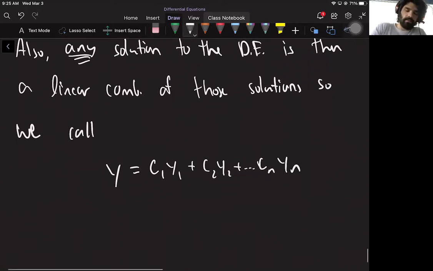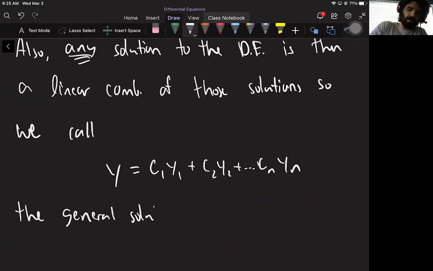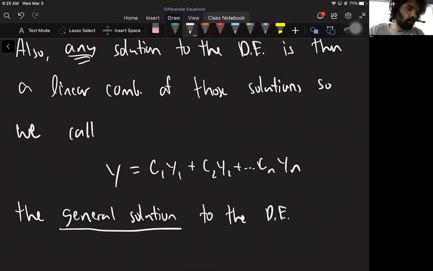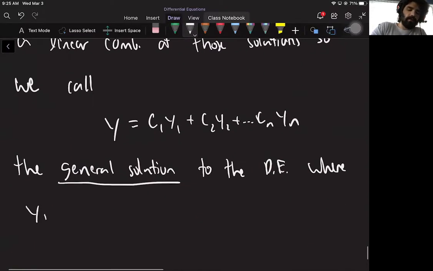That's what the general solution to the differential equation is, and these y's are n linearly independent solutions.